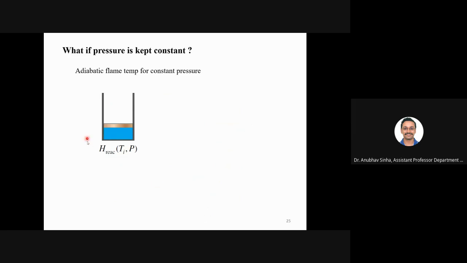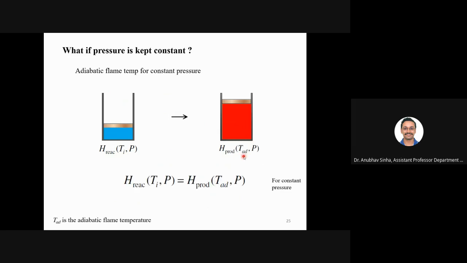Let us say we have a piston cylinder arrangement, and we allow the piston to move freely. Then pressure remains constant and temperature changes from T initial to T adiabatic. And this is your adiabatic flame temperature for constant pressure.